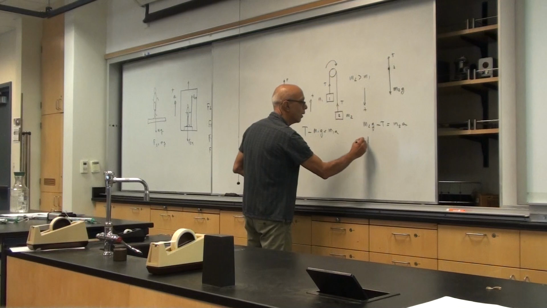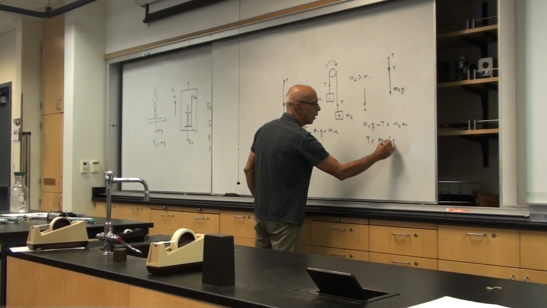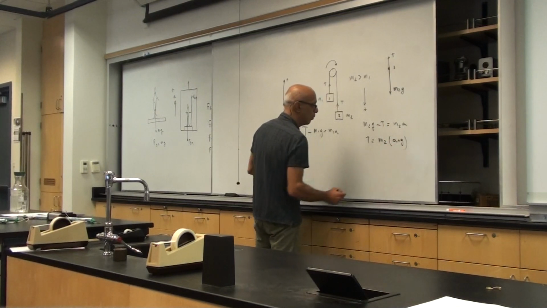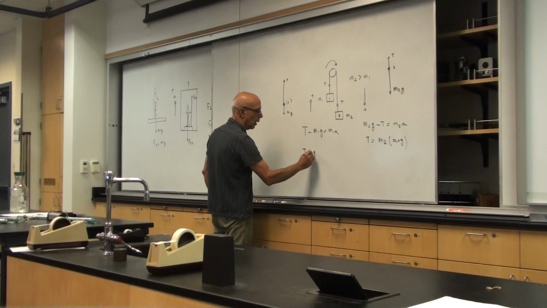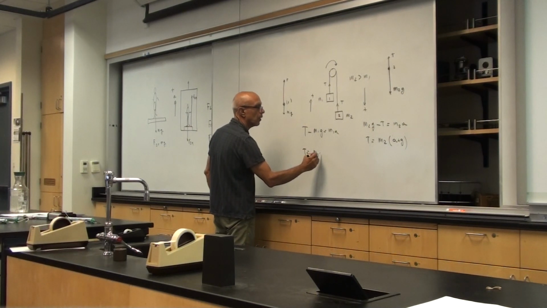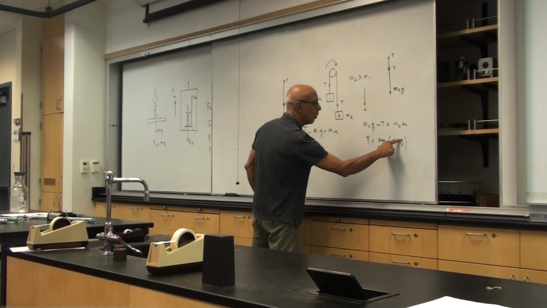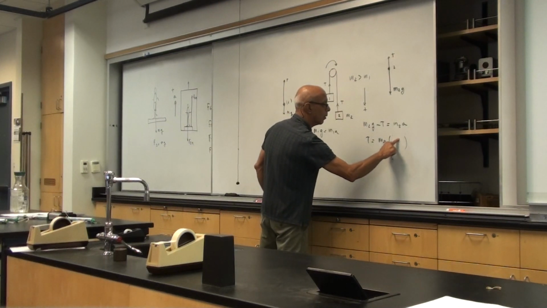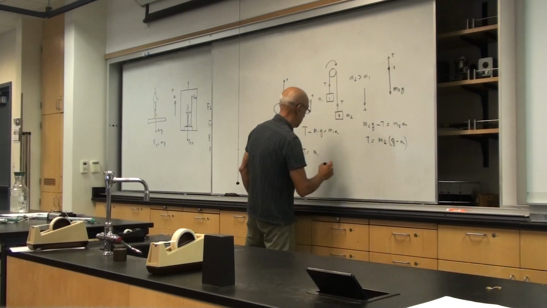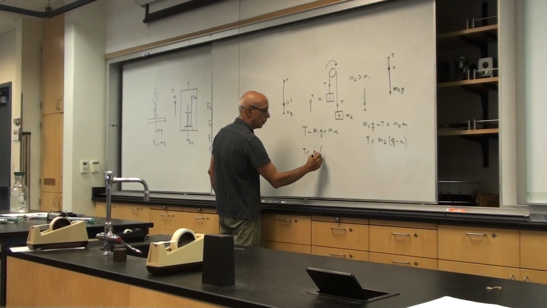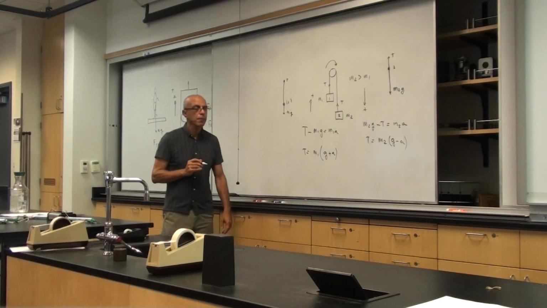So T is going to be m2 times (g minus a) from here, and from here I'm going to have T equals m1 times (g plus a).